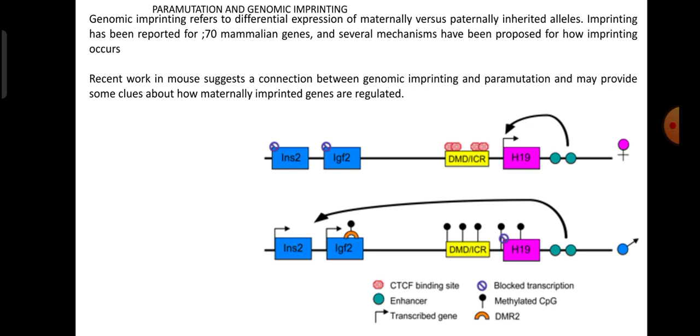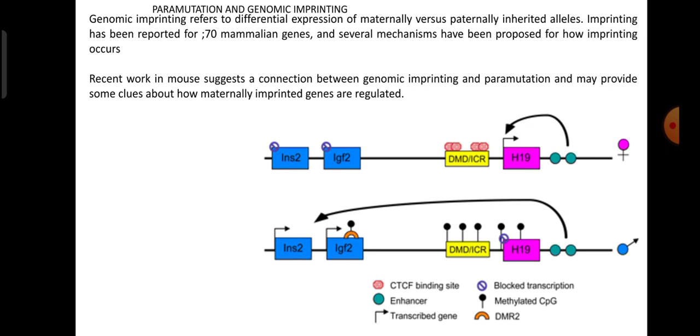Next, there is some interconnection between different concepts also, like paramutation and genomic imprinting. What is genomic imprinting? It refers to differential expression of maternally versus paternally inherited alleles. Imprinting has been reported in many mammals. That means paternal character expression and maternal character expression won't combine.